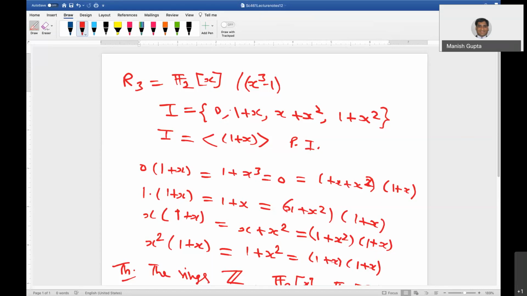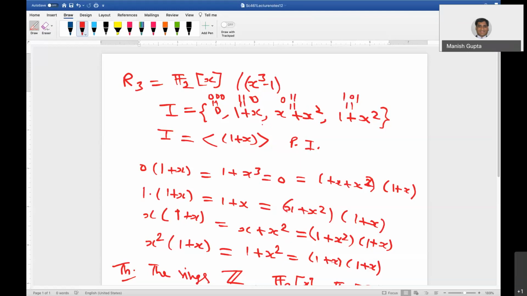So I can write these as the code words: 0 0 0, 1 1 0, 0 1 1, and 1 0 1. So this code is nothing but a cyclic code. So a cyclic code corresponds to an ideal in this principal ideal ring. This is a very important observation.